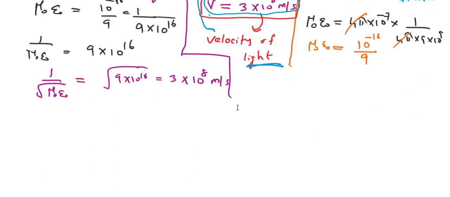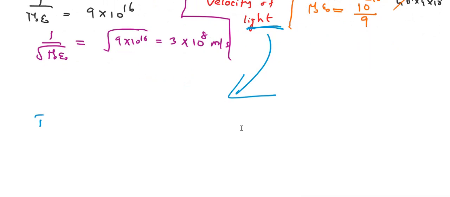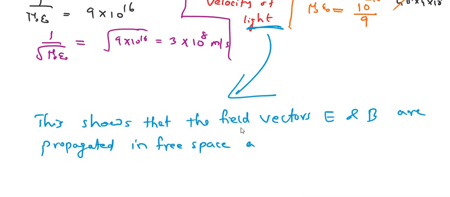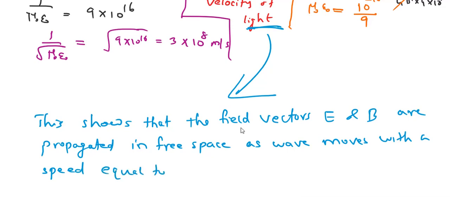Okay, let me write these few sentences here. This shows that the field vectors E and B are propagated in free space as a wave that moves with a speed equal to that of light.